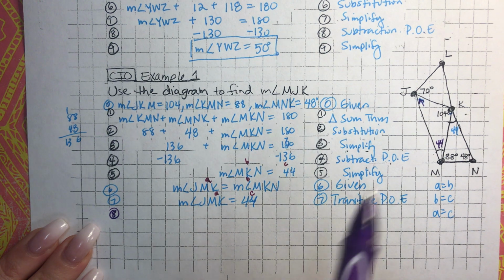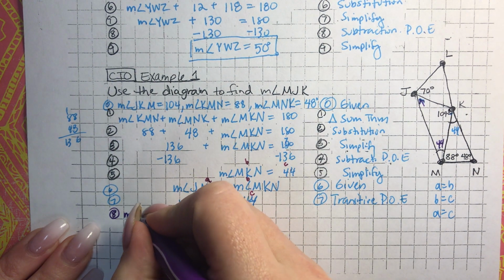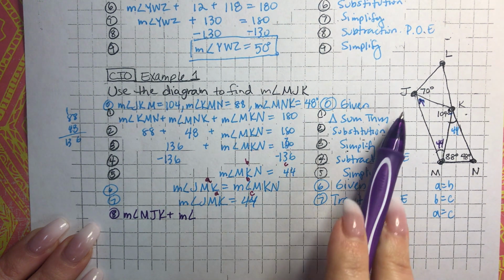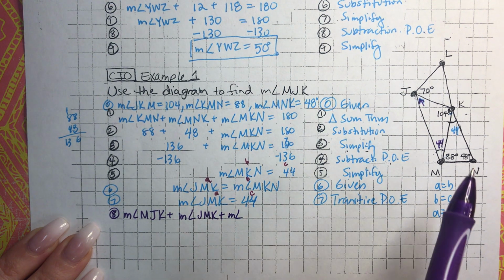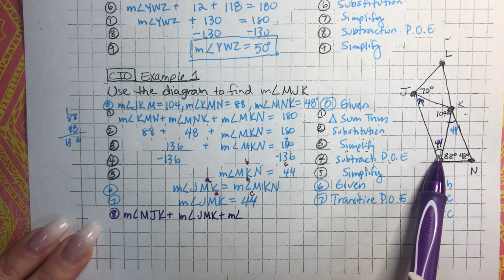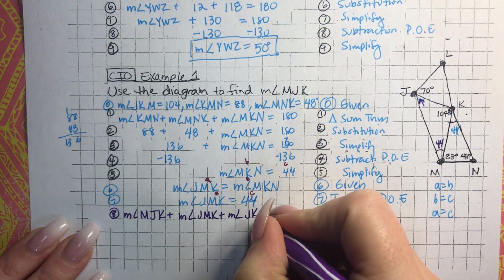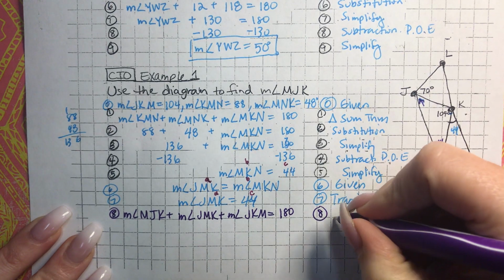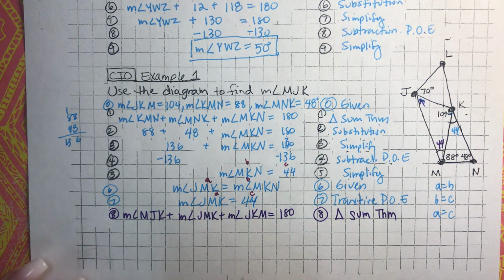We have the measure of MJK plus the measure of angle JMK plus the measure of angle, this one here, JKM, equals, and all of those three add up to 180 degrees because of the triangle sum theorem, right?